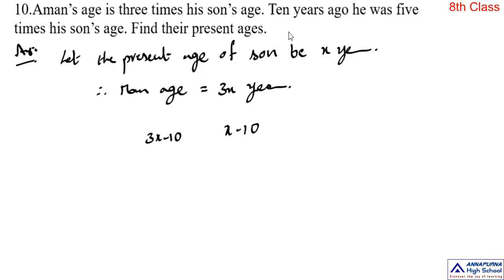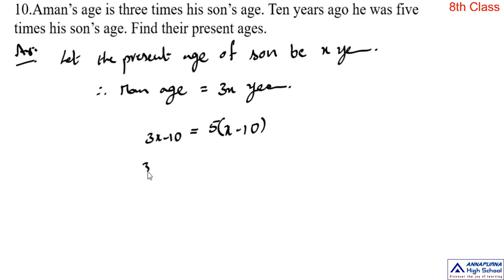If you multiply the son's age by 5, then we get the man's age. So 3x minus 10 is equal to 5 into x minus 10. This is the required linear equation.